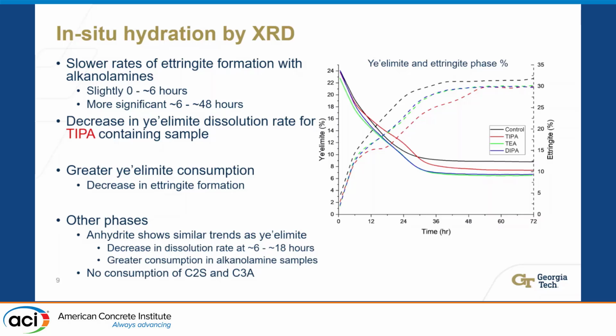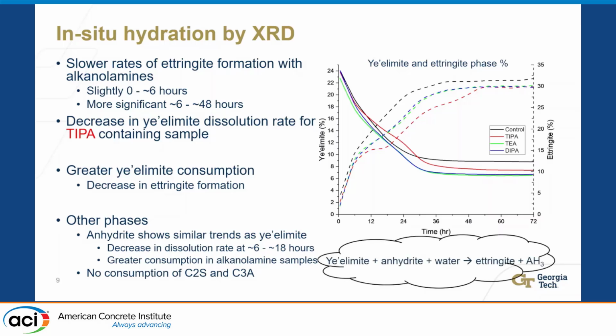There's also a decrease of ye'elimite dissolution in the TIPA containing sample. You can see that as the extra hump around 12 to 24-ish hours. And at the very end, at 72 hours, we see a greater ye'elimite consumption. However, we also see that there's less ettringite, which is interesting because if you're reacting more reactants, you'd expect to have more product, but we don't see that in this case.